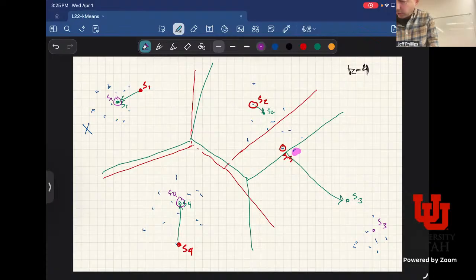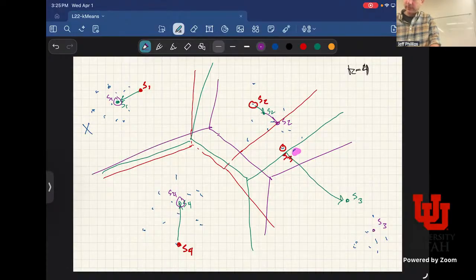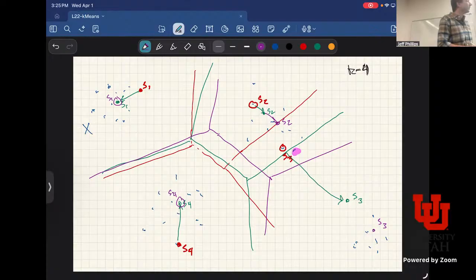S2 is going to move closer to the center here. Then I will have to redraw these diagrams. Now it's going to look something like this. In fact, this line will continue there. I've slightly adjusted things, and at this point we're almost done.